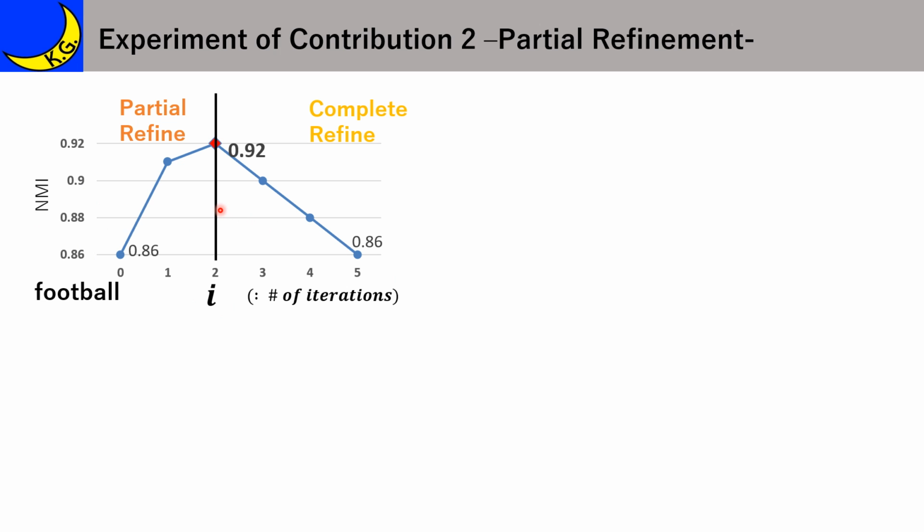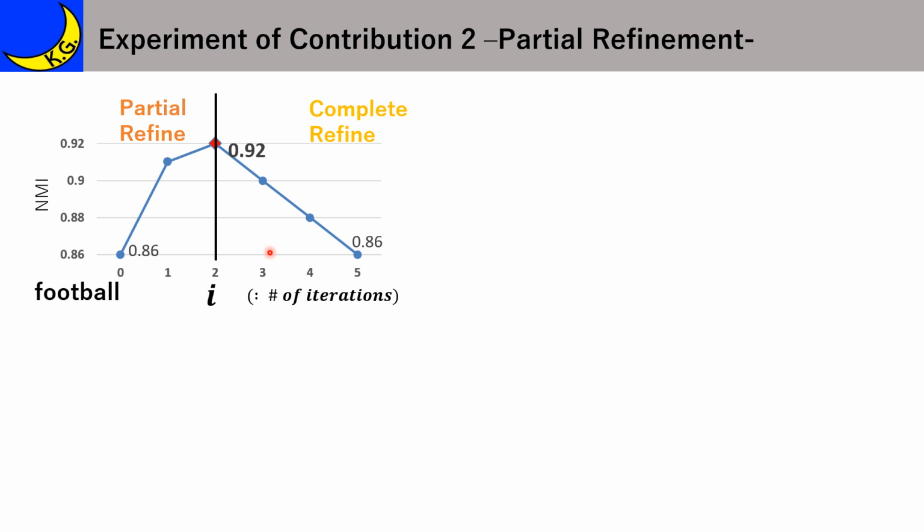For the football dataset, the silhouette score reaches the local maximum when i is 2. Therefore, the NMI at i equal to 2 was obtained by partial refinement, and the NMIs at the subsequent i were obtained by the existing refinement of SClump.